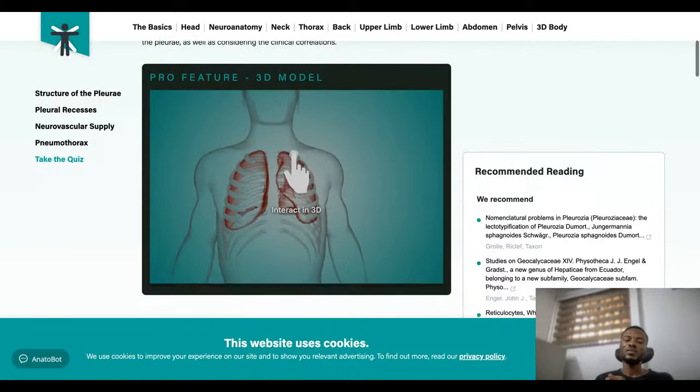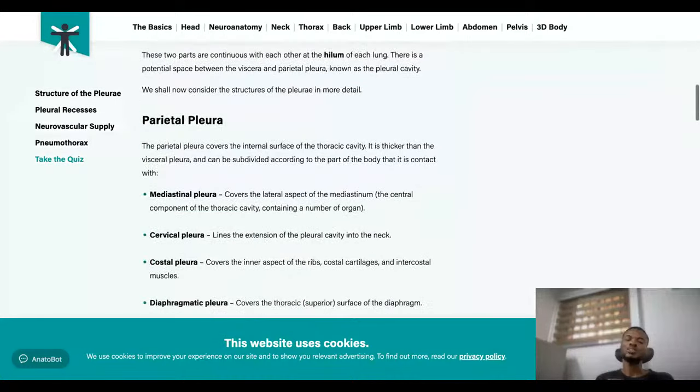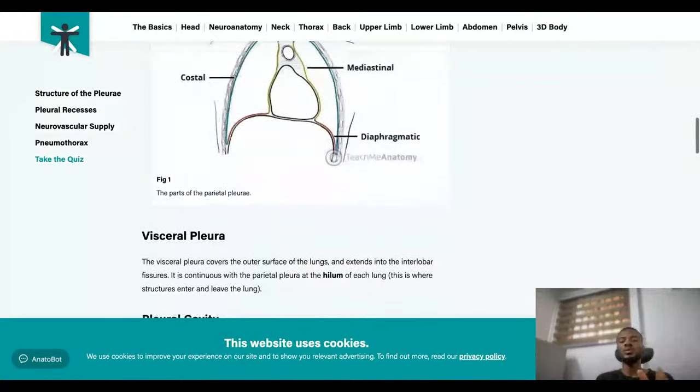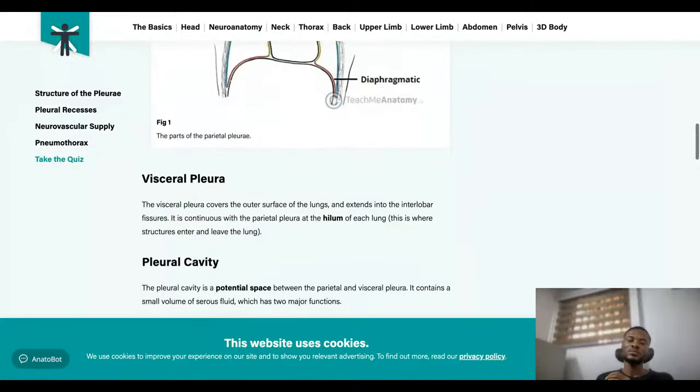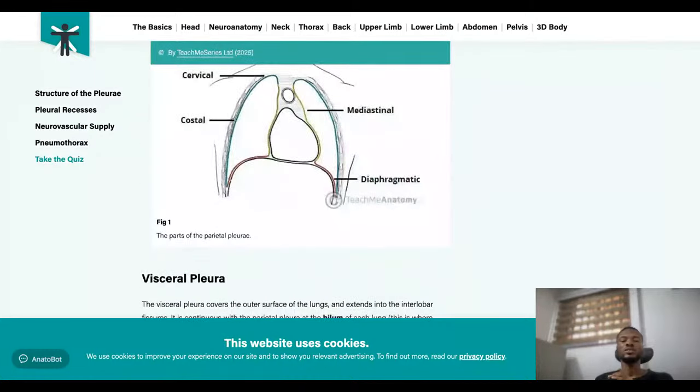Already there is some level of fluid in the pleural space, but that is just right to keep the pleural space moist. But when there is an injury, or an infection, or any pathology within the lungs or within the thoracic cavity, it can lead to fluid accumulating in the pleural space.